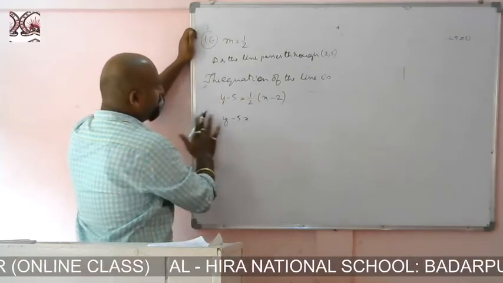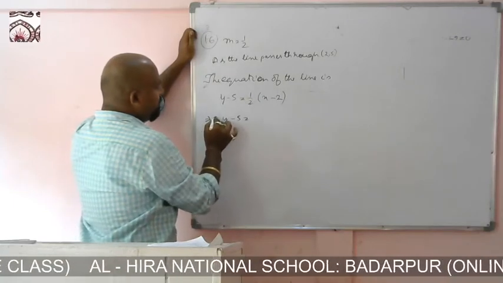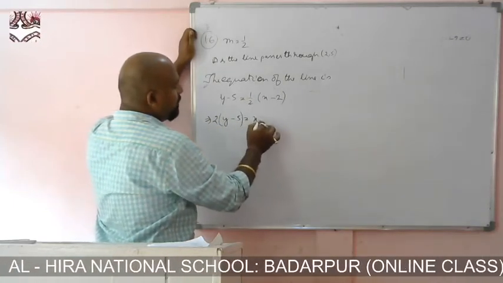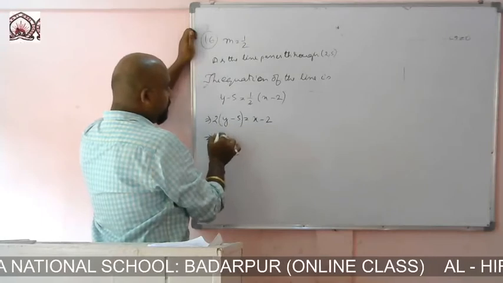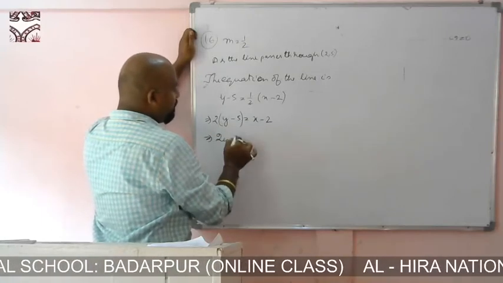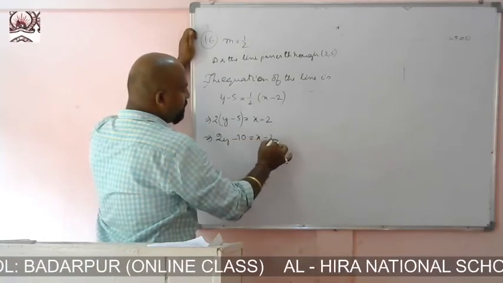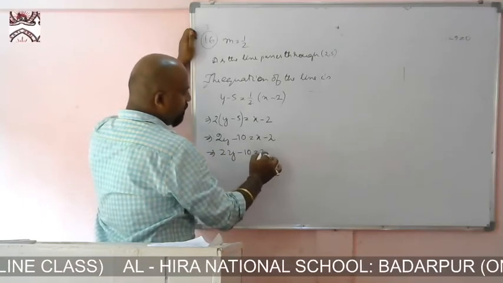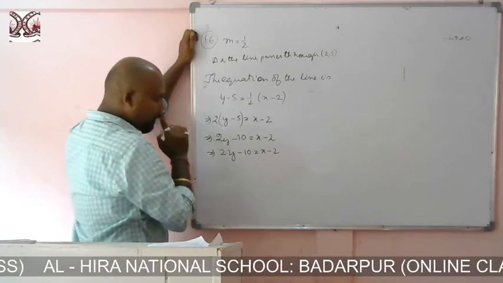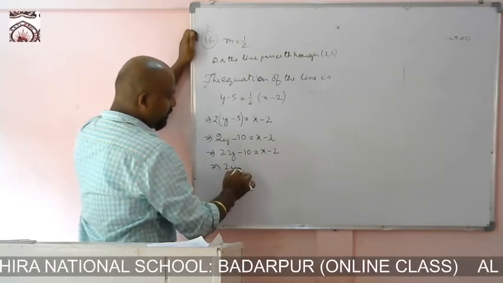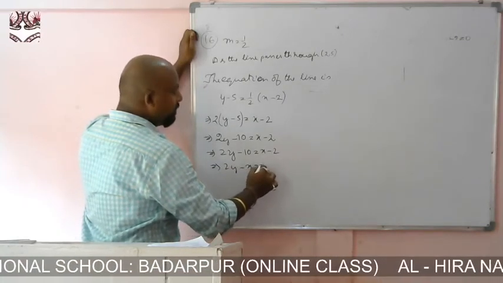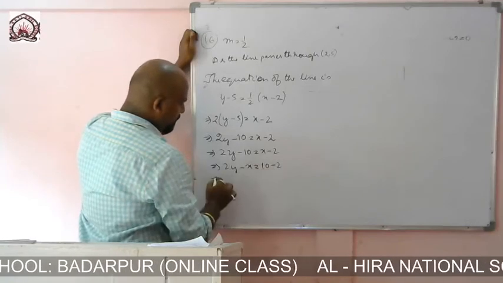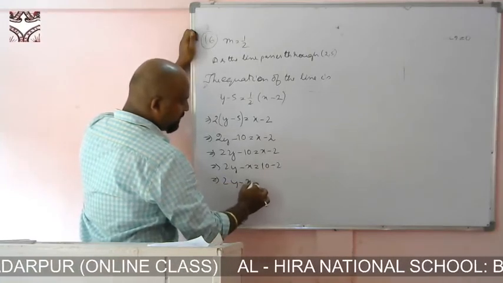If I do cross multiplication here, what we are getting? 2 into y minus 5 equals x minus 2, so twice y minus 10 equals x minus 2. Then twice y minus x equals plus 10 minus 2. Twice y minus x equals what? 8.